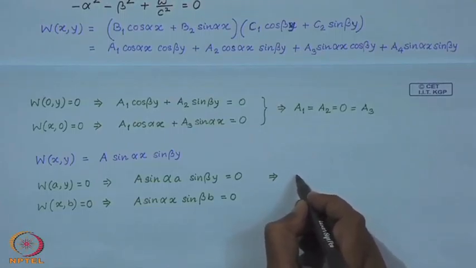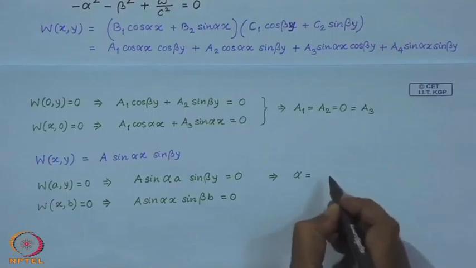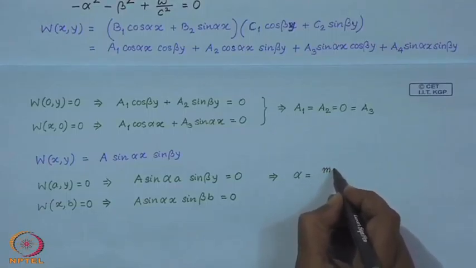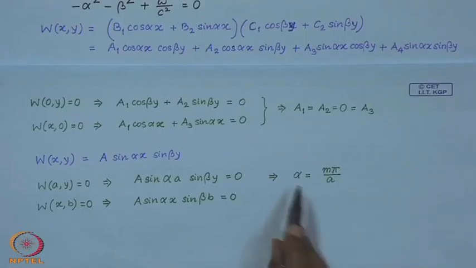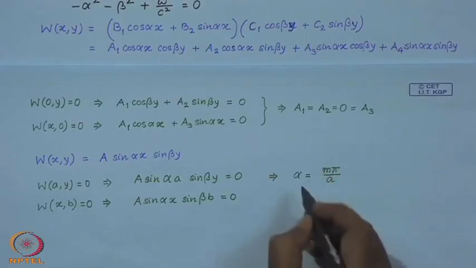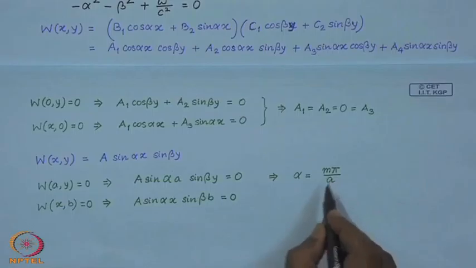So, therefore, alpha must be m times pi over a.